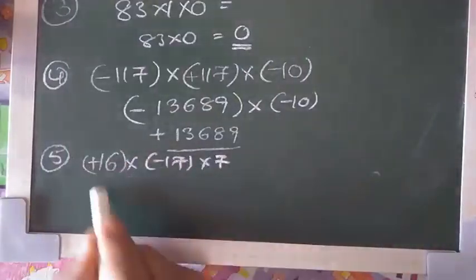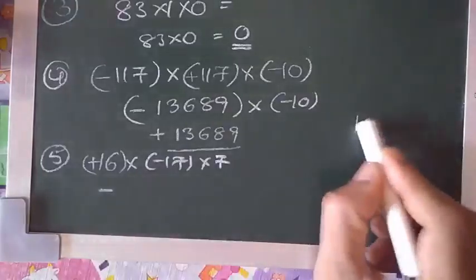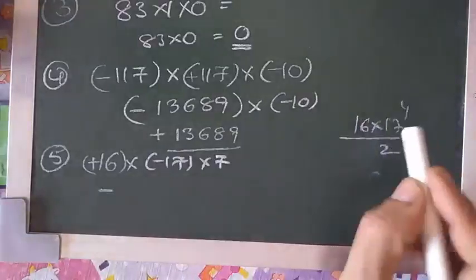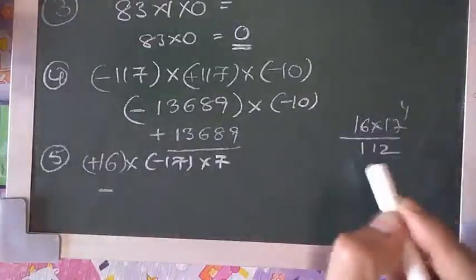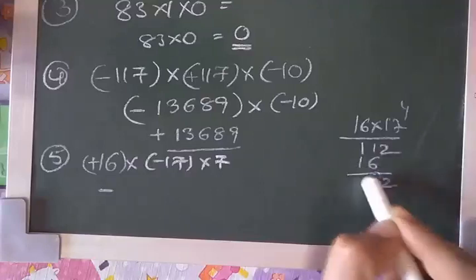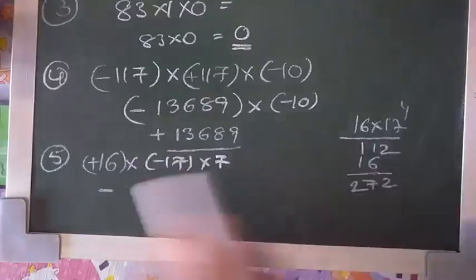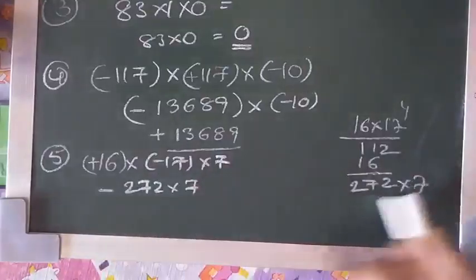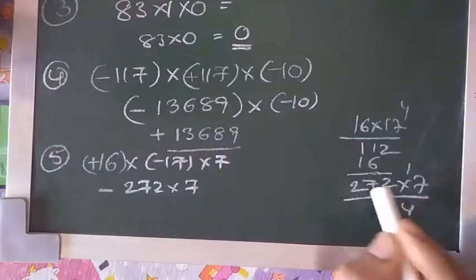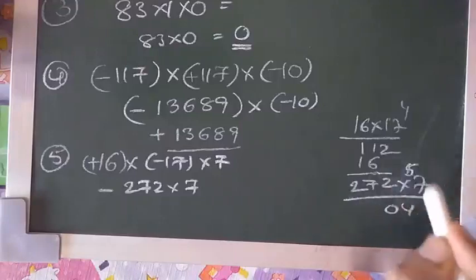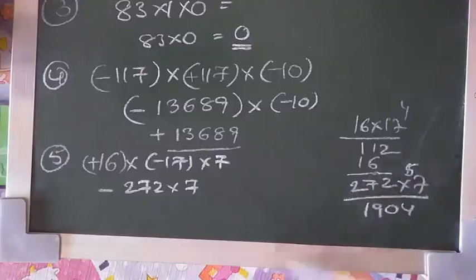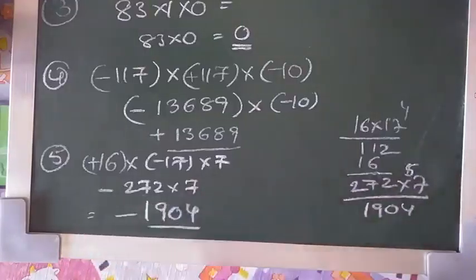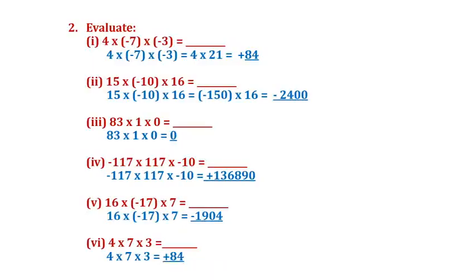So plus into minus, minus. 16 into 17, which is 272, into again 7, which is 1904, which is minus 1904 is the answer.